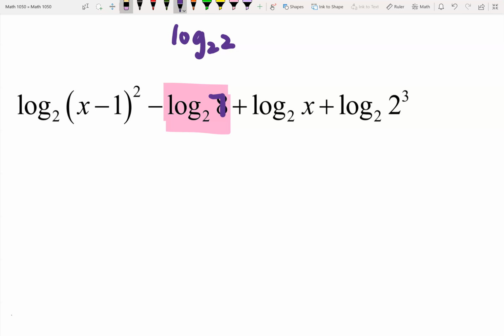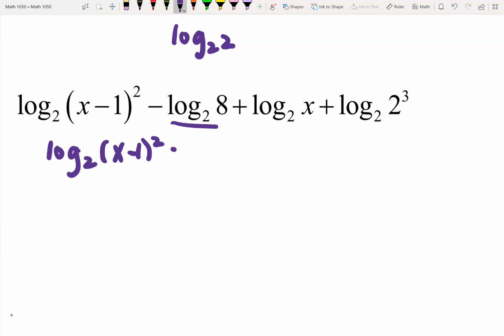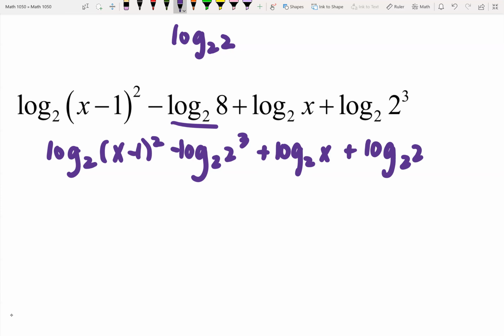No. But it's an 8, so it is possible. So this guy right here, I'm not going to change anything. So it's log base 2 of (x minus 1) squared. This middle guy, I'm going to write minus log base 2 of 2 to the third, because 2 to the third is an 8, plus log base 2 of x plus log base 2 of 2 to the third.